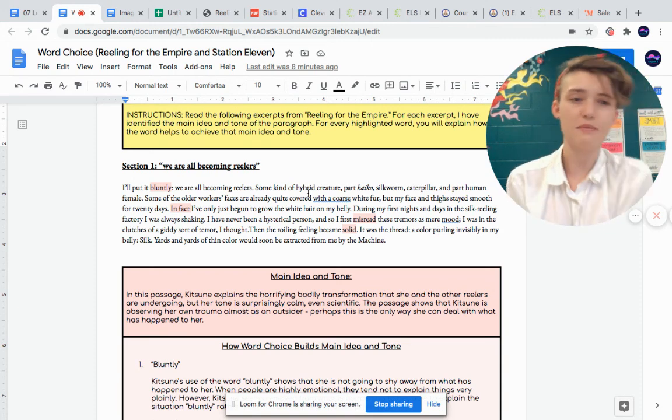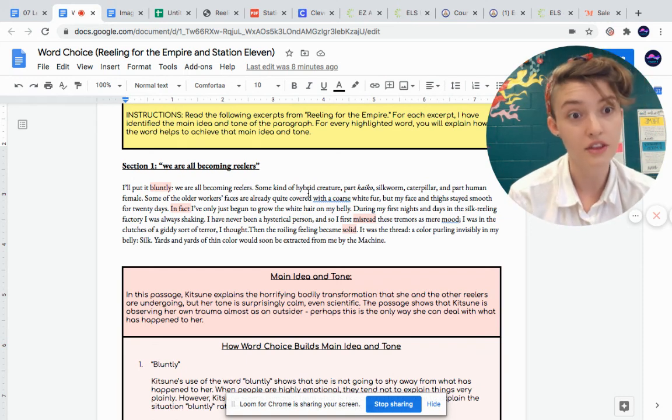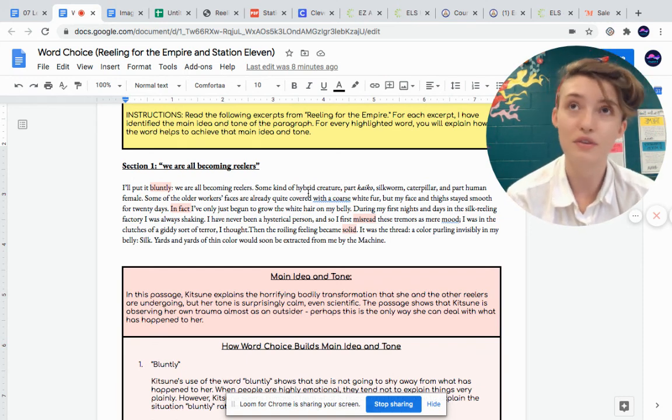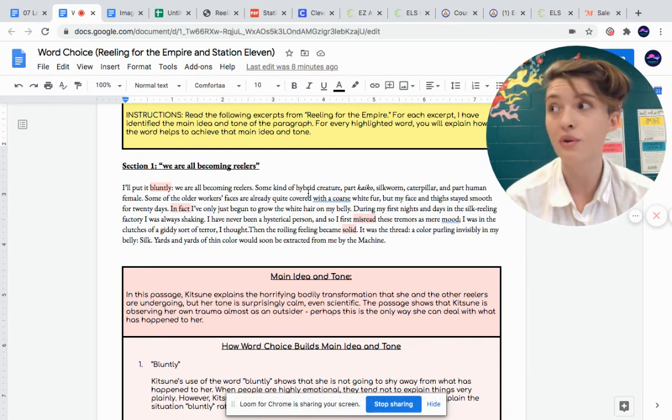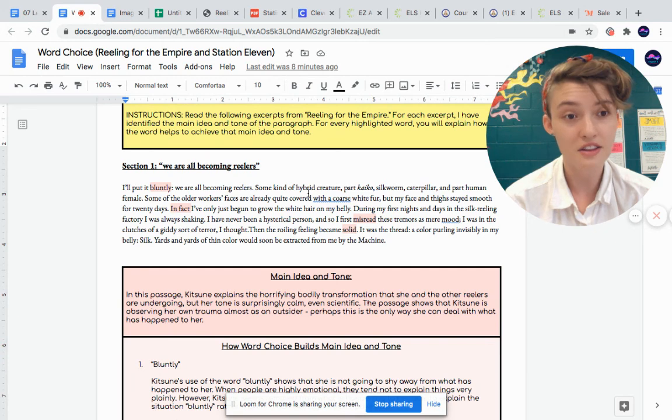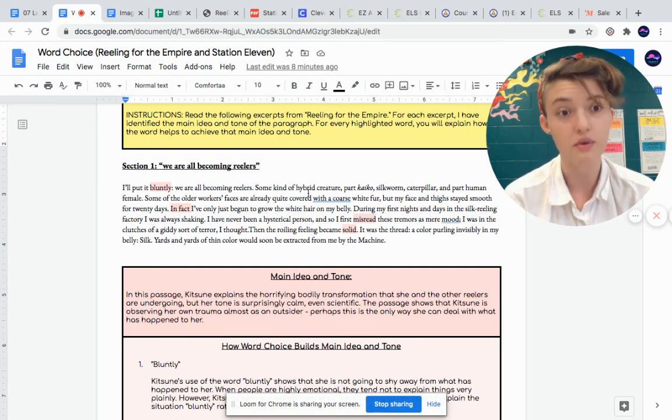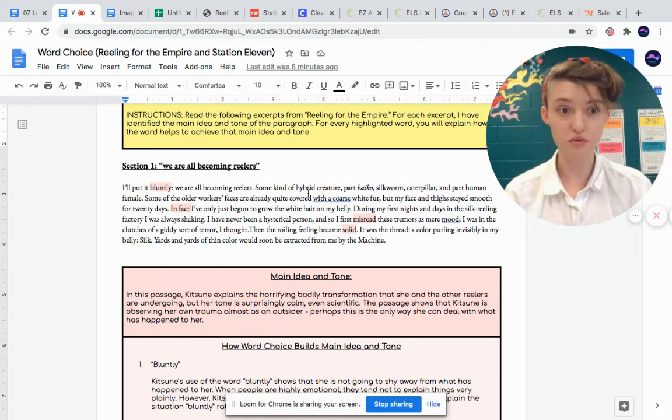This is maybe the third or fourth paragraph in the whole story. If you've read the first half of the story, you now know that this is a story about young women who are offered jobs as silk reelers in the Japanese Empire. And instead of just weaving silk like they expect they're going to be doing, they actually drink this tea that turns them into silkworms.